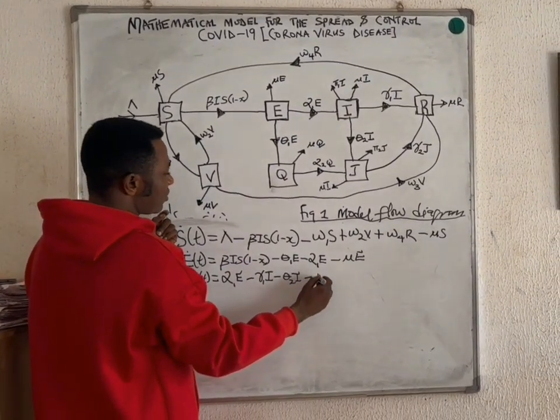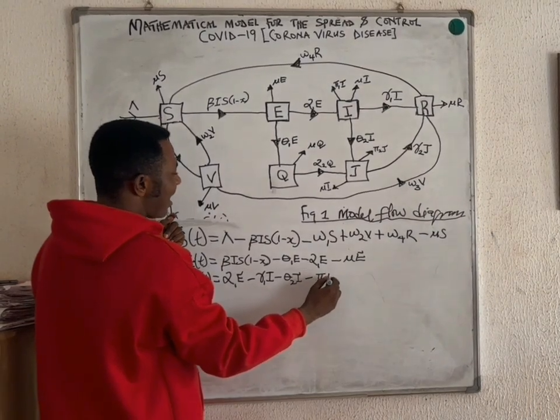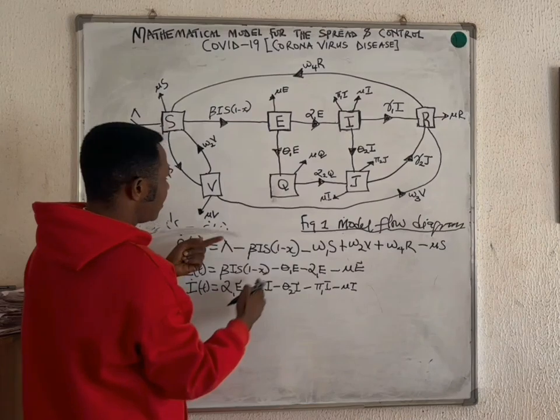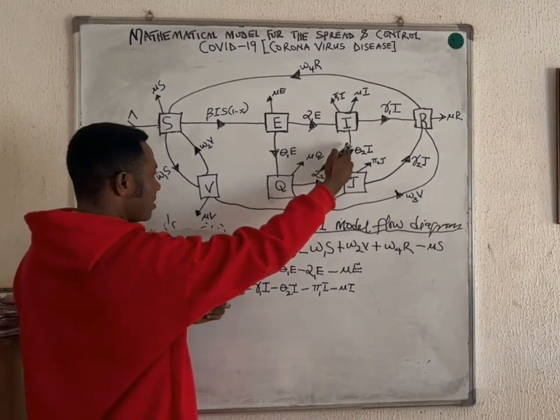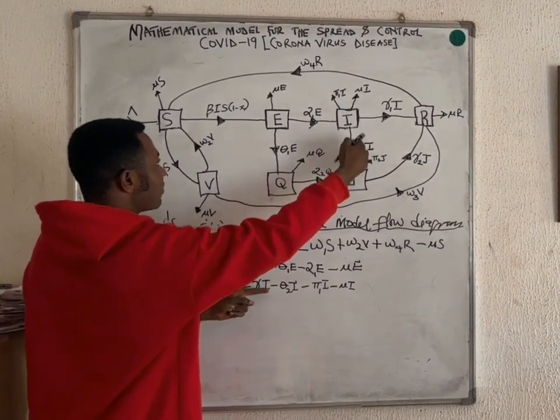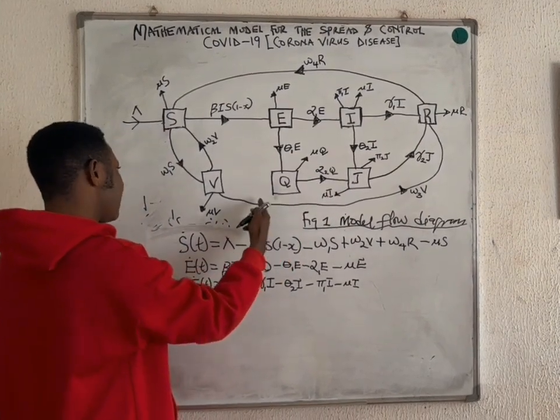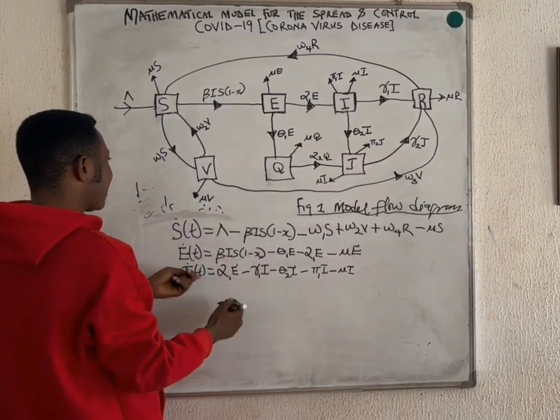So it will be minus pi sub 1 I, minus mu I, all right? Let's check it again. This one is entering. This is leaving. This is leaving. The two are leaving.